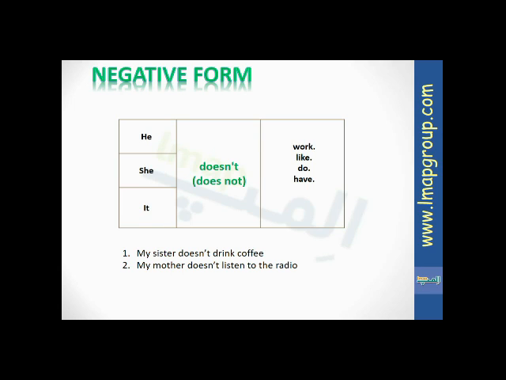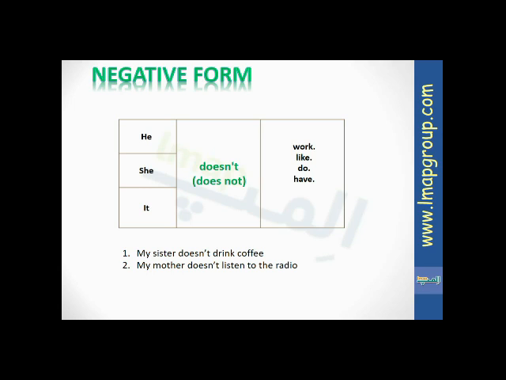Negative form. Okay. You remember that in the last part, when we wanted to make those sentences negative, we added don't before the main verb. Yeah? But here, for the third person singular, we should add doesn't. Okay? Does plus not, and the contracted form is doesn't.